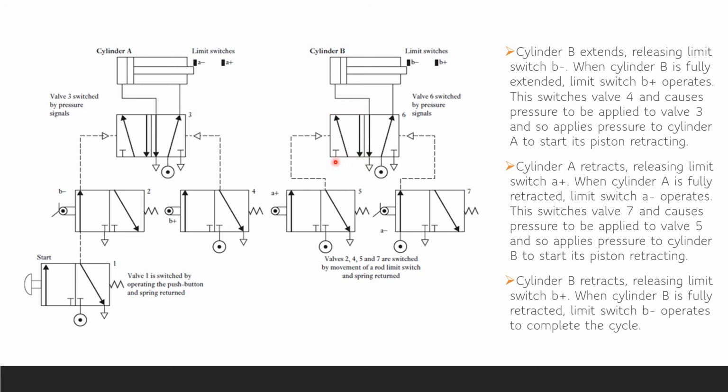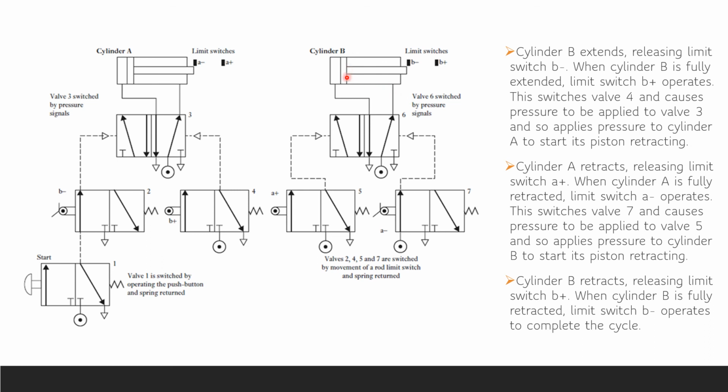As a result, the flow is across this line and it pushes the piston of cylinder B from left to the right position, which means that the final sequence, that is the B minus, is achieved. That is, the cylinder B is retracted to its original position.